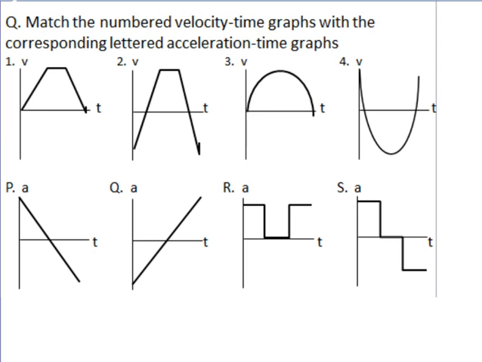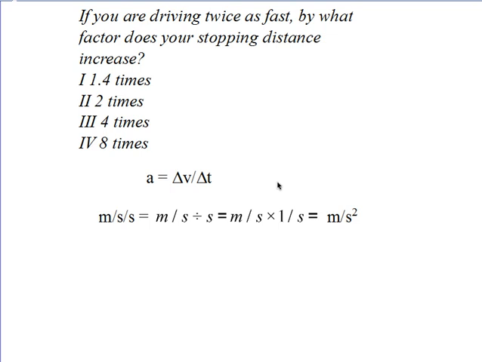Oh my, graphs again, but this time not a position time graph, but a velocity time graph. If we consider that in a velocity time graph, the slope, rise over run, the rise would be change in velocity if it's velocity on the vertical axis, and run again is time.